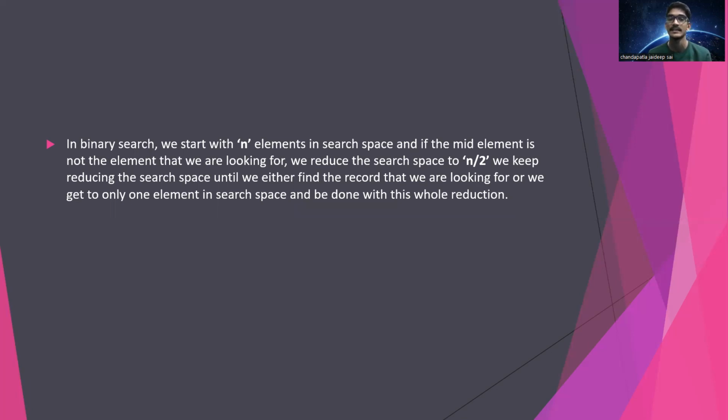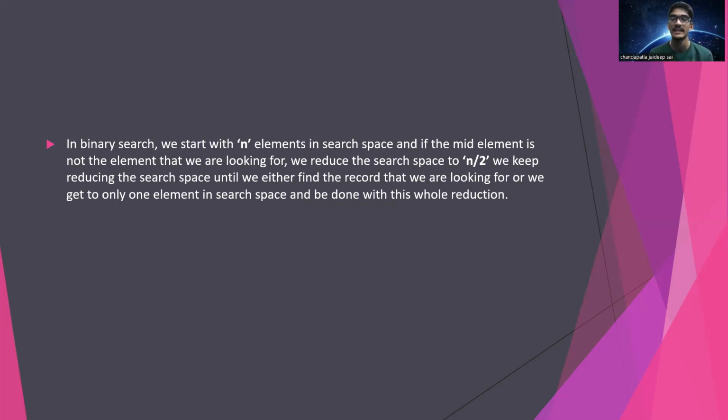We get the middle index and find the number present at the middle index. Now we compare the middle element with the key value. If it is equal to the key, then we have found that number in the array, so we simply print the index of the array and the value.